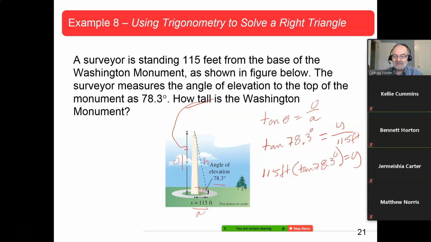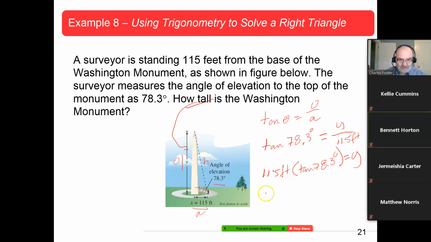Multiply that by 115, and you get another irrational number, but we'll round that one to about 555 feet. Okay? Now, the book probably does more than that, but that's what I get y to be.